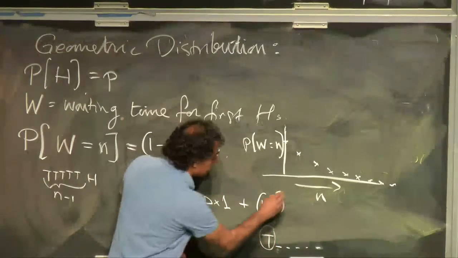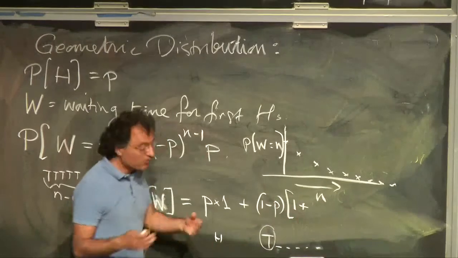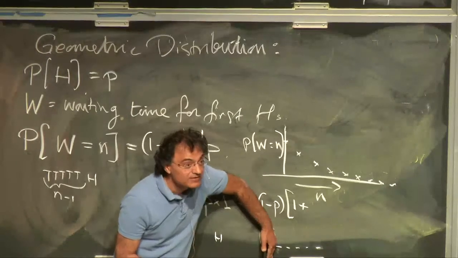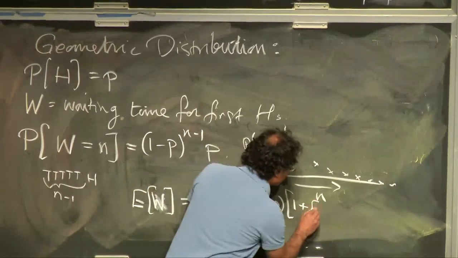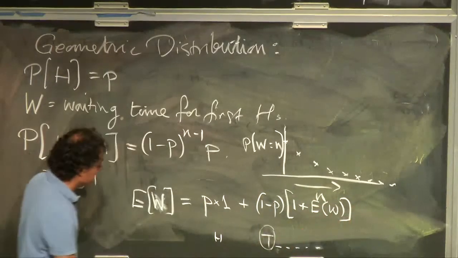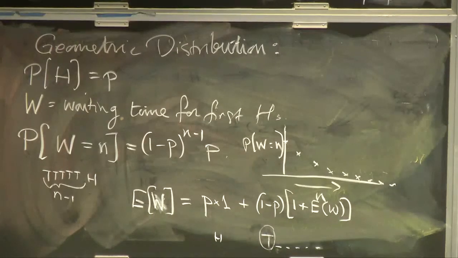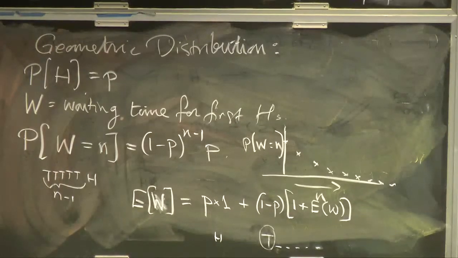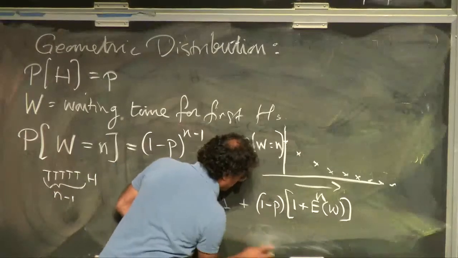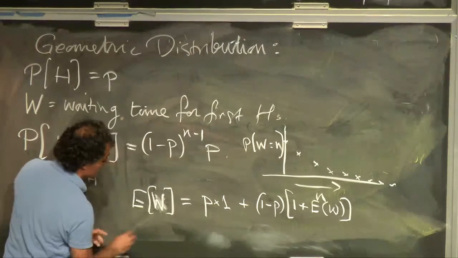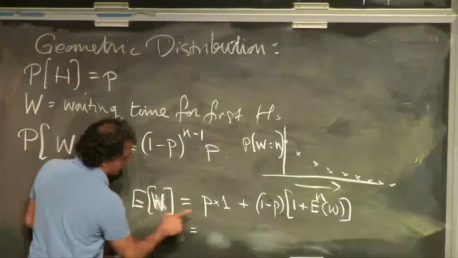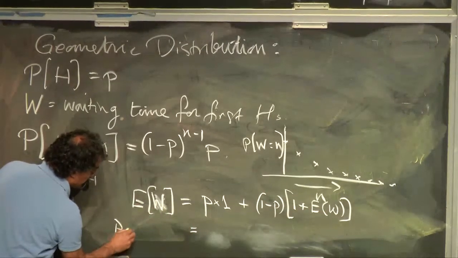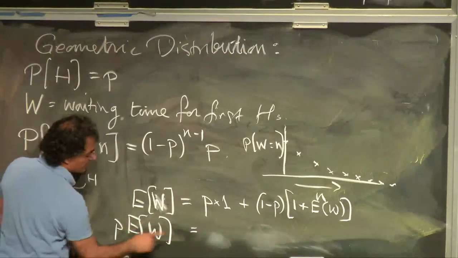So you already flipped one, and now you have to keep going as though you didn't flip it, so the number of steps it takes is still the expected value of W. And so if you transpose this to this side, you get 1 minus p times expected value of W subtracted from expected value of W. So you get p times expected value of W equal to p plus 1 minus p.